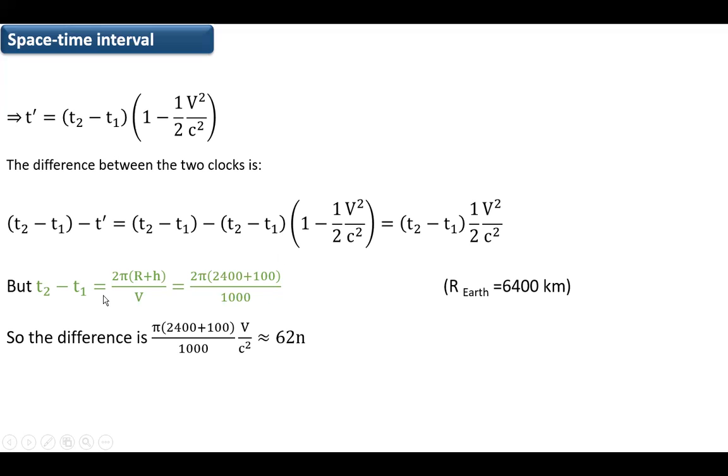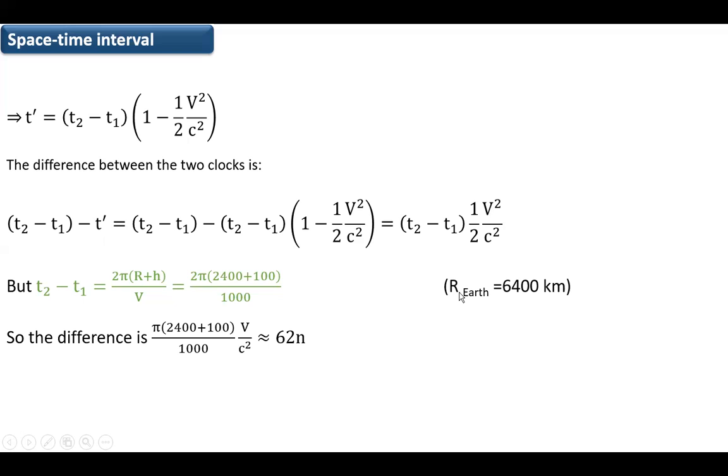So what is t2 minus t1 as measured on Earth? If you have a circular trajectory, it is the traveled distance, which is the perimeter, divided by the velocity. The perimeter is 2 pi times the radius, which is the radius of Earth plus the height of the satellite.